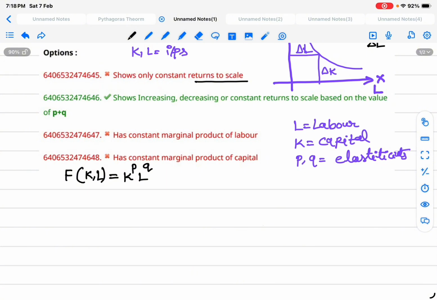Returns to scale means if we change both inputs, L and K, the output of the firm, F, also changes. That is called returns to scale.